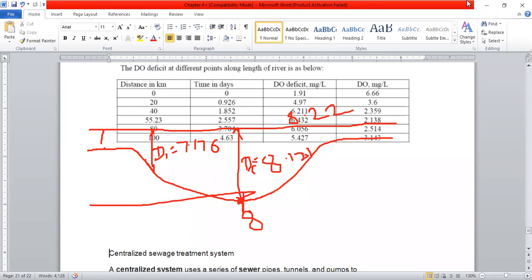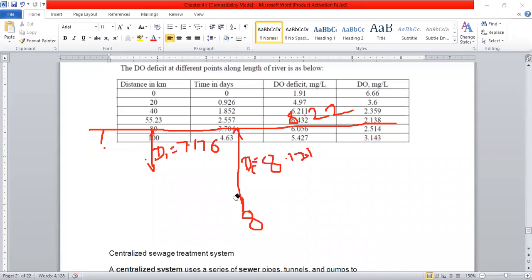Time required to reach up to this spot is the critical time TC, and that also we have determined.